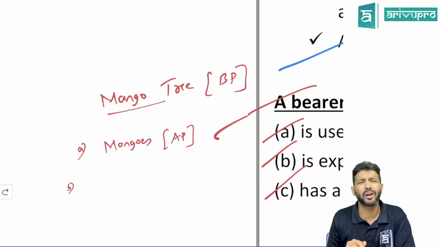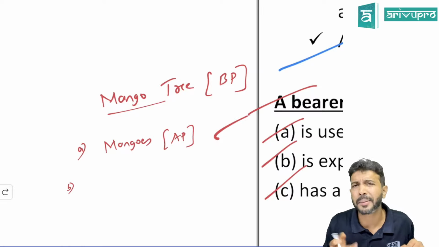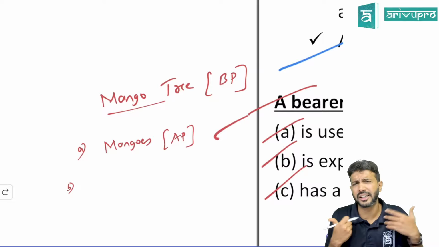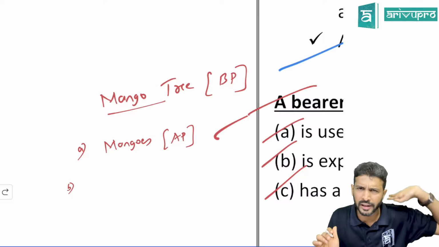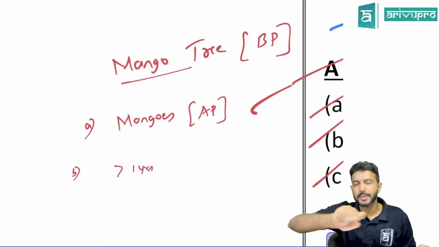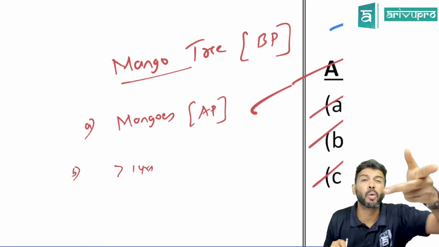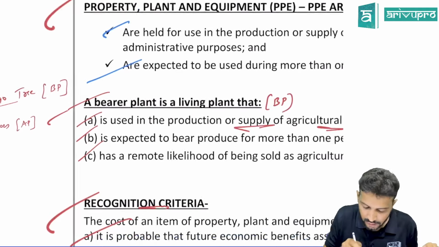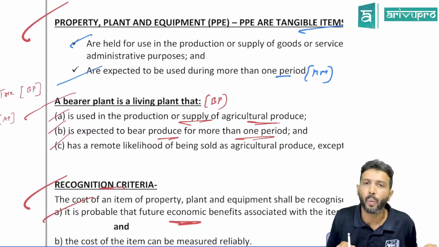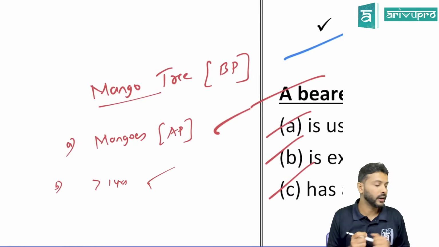Obviously, apple tree, mango tree and all, once you plant, you will be able to get the mangoes for more than 1 year, maybe 5 years, 10 years, I'm not sure, but definitely more than 1 year. Yes or no? That is what the second criteria is saying. From this bearer plant, you should get the produce for more than 1 year. It is expected to bear the produce for more than one period, as in 12 months. So is the second condition getting satisfied for this mango tree?